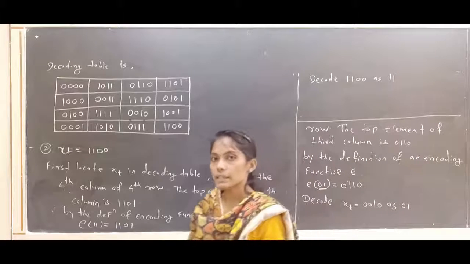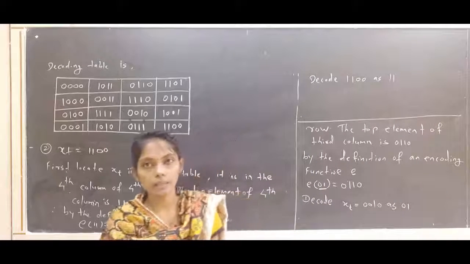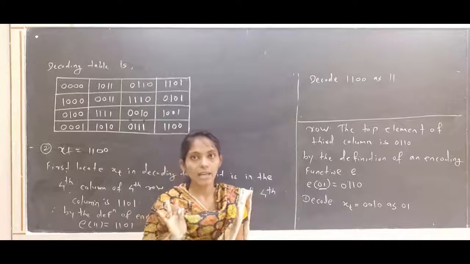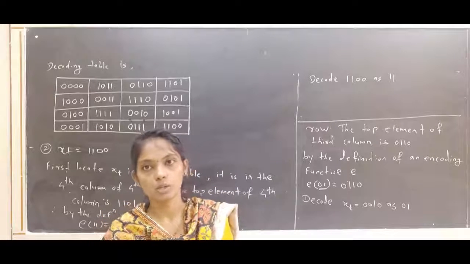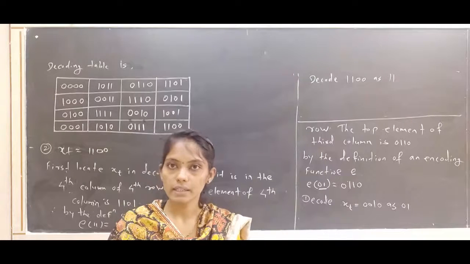So all of you get it, how to find the decoding table by using cosets and how to decode the given received words. All of you get this?